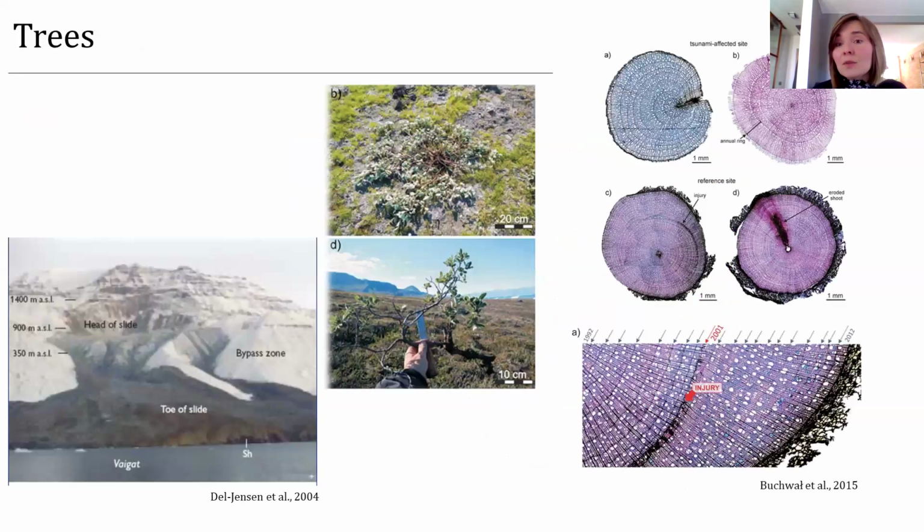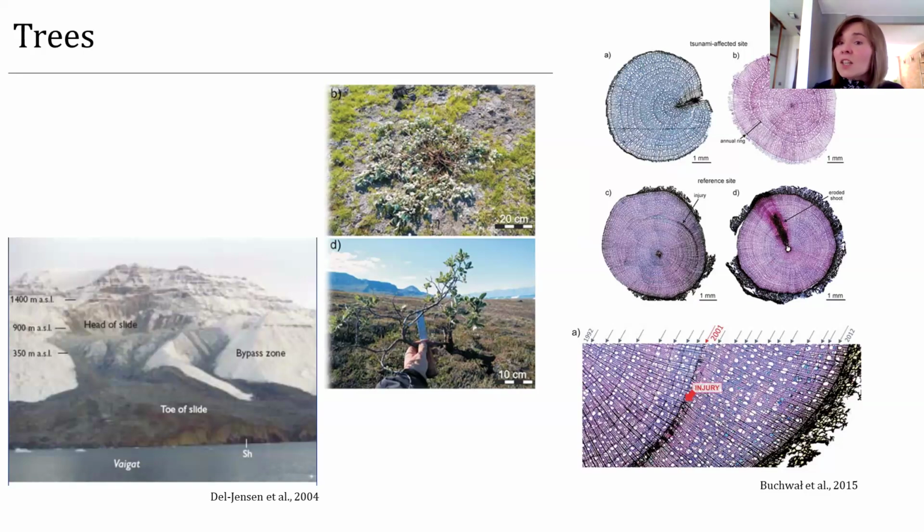Another example of proxies is found in trees, or rather in shrubs. Here you have a study of Arctic shrubs. Salix glauca is a willow, a tiny Arctic tree from Greenland. The authors analyzed the growth rings of these trees from two kinds of sites: an unaffected site and a site which was impacted by the mass landslide that occurred in 2001 in Greenland.